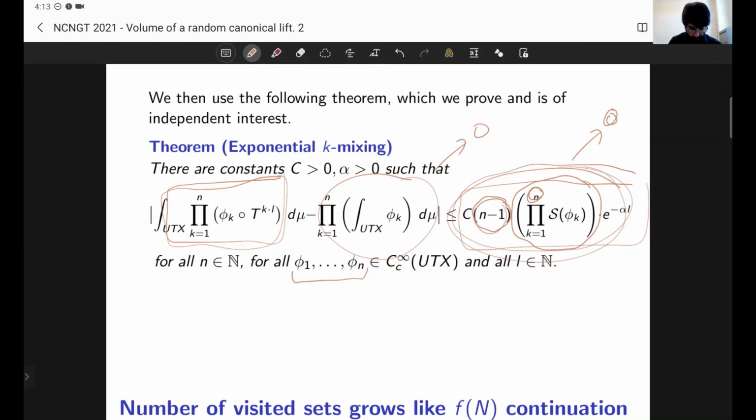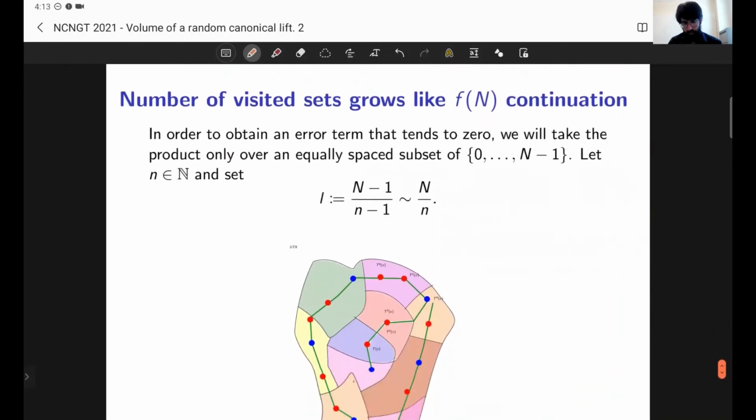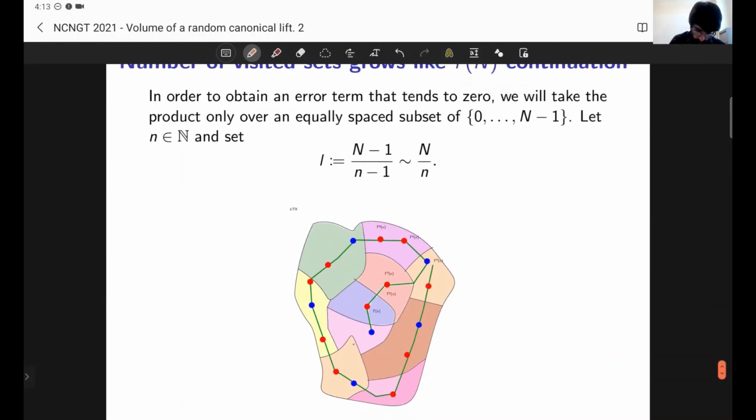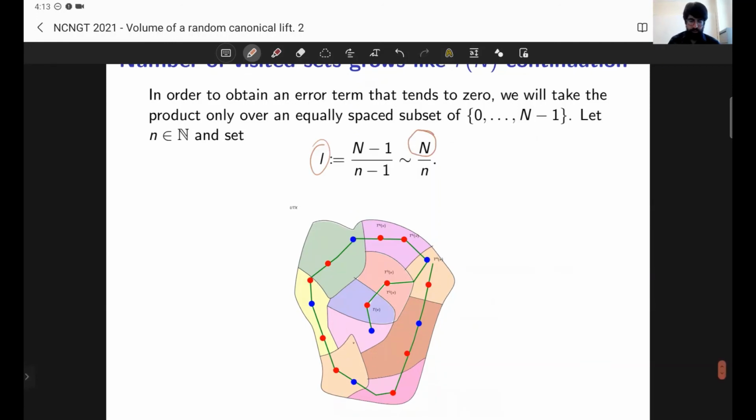So to give you maybe a more precise idea of what we do, instead of looking at the unit time flow, we allow ourselves an extra slack, and we look at the L time flow. So instead of taking unit time flow, we consider the flow up to some higher iterate L. So the way we do this, well, we were considering this big N number of steps in our dynamical system.